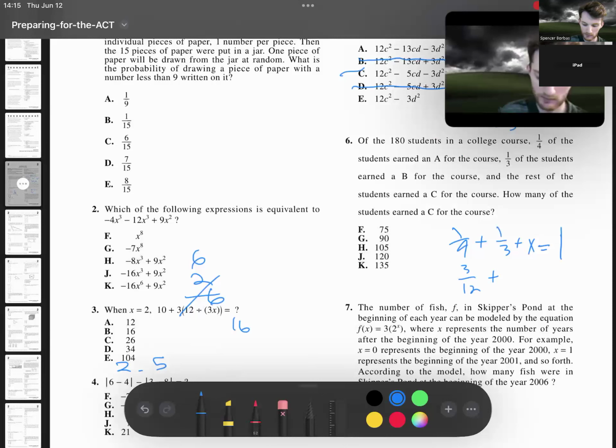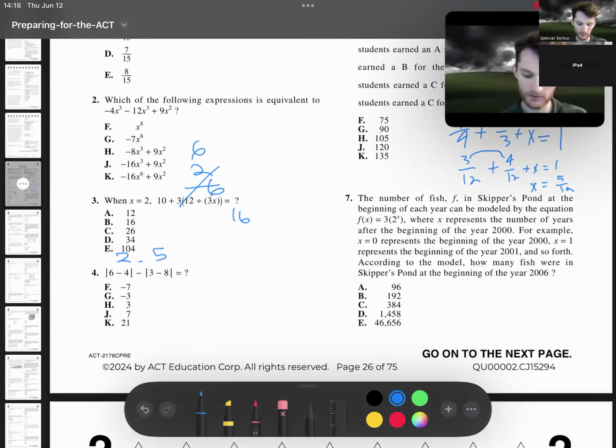This is equivalent to 4/12 plus x equals 1. So x is then going to equal, this is a total 7, so 5/12. All right. So the total amount is 180 students. 180 students times 5 divided by 12 equals 75. And so the answer is F.